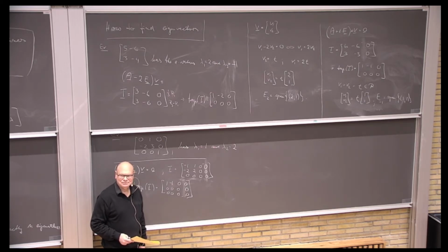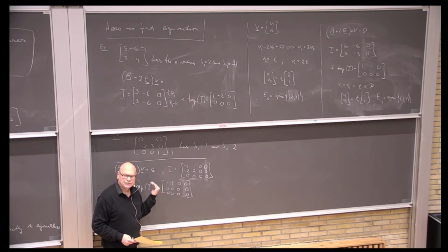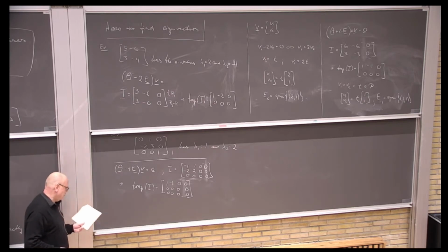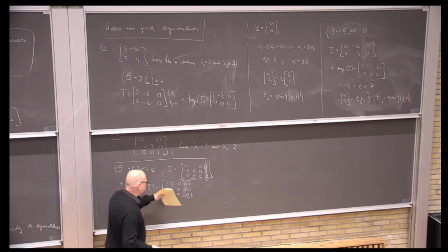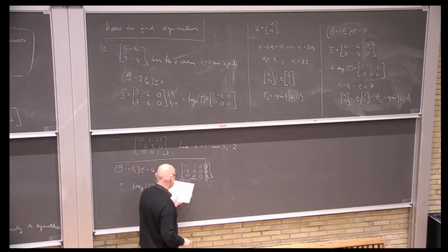Yeah, you have 2. Because the order of the system is 3, you have 3 equations, you have 3 unknowns, and the rank is 1, so you have 2 free parameters. So let us solve this.